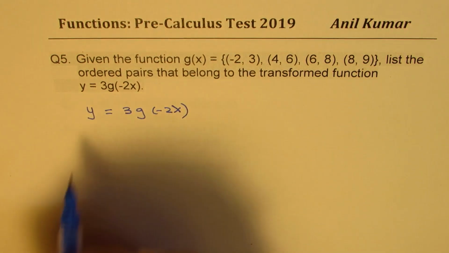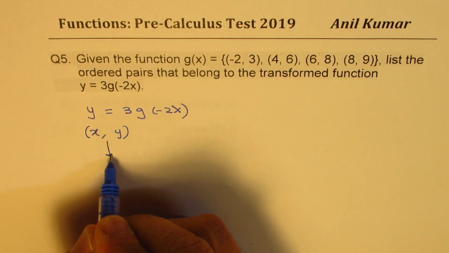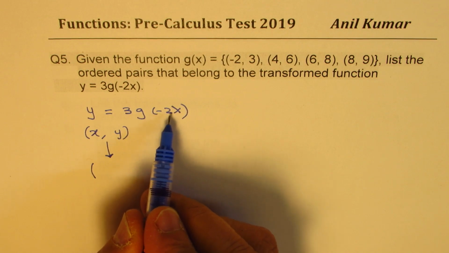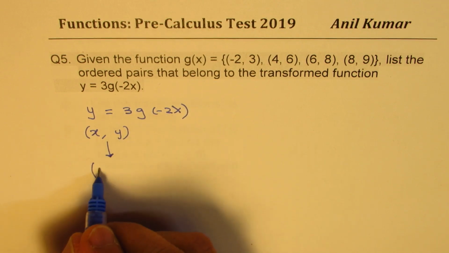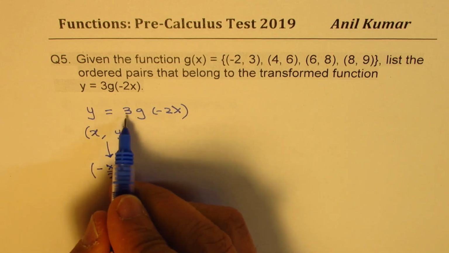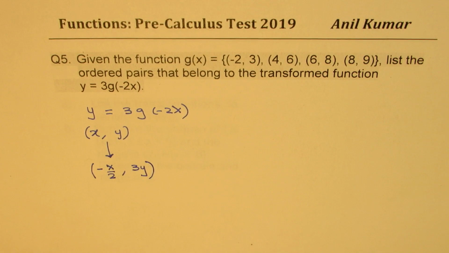Now what is the transformation? If the coordinate is x and y, then the transformed coordinate has the x values reflected and divided by 2, so we get minus x by 2, and the y values get multiplied by 3. Correct? So that is the transformation which is being applied.